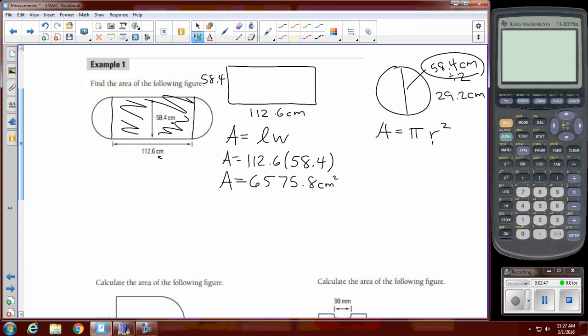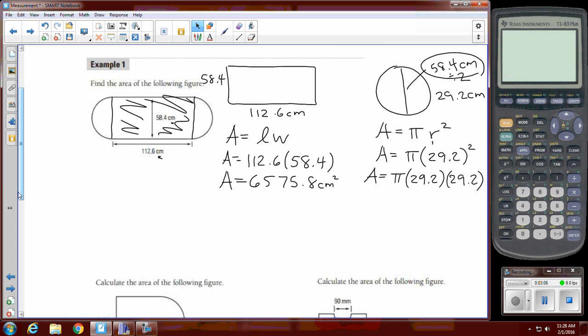Now that's what goes into our formula here. So we have pi times the radius squared. Many calculators have a squared button, and if yours you can't see it or you don't know how to use it, another way is to say this just means times it by 29.2 twice. So we'll look on the calculator here how we can put it in.